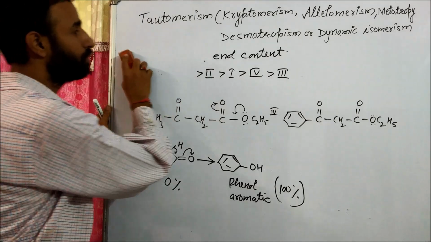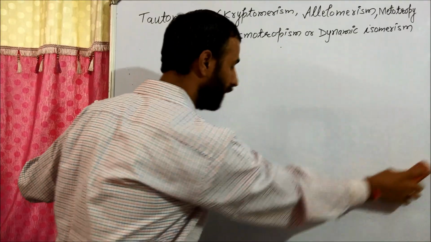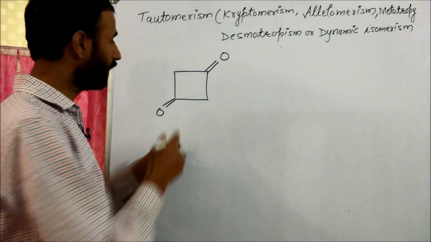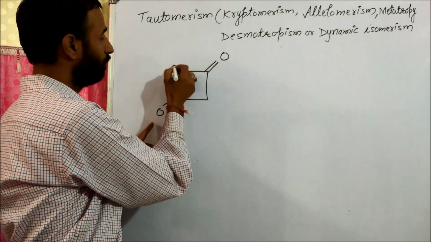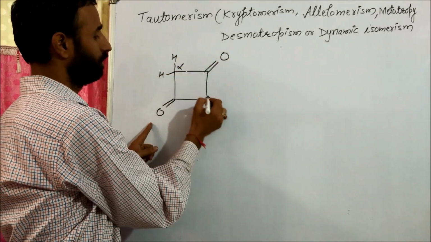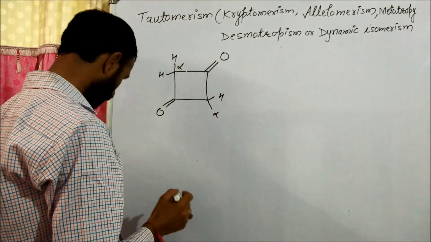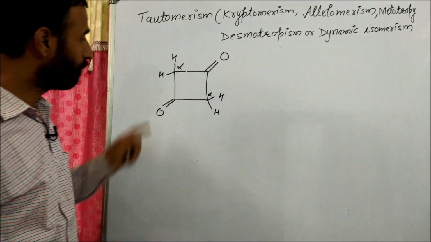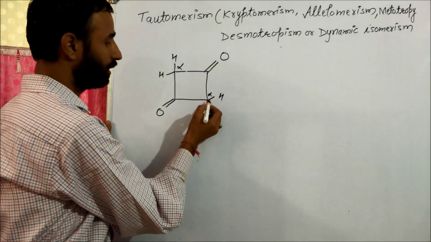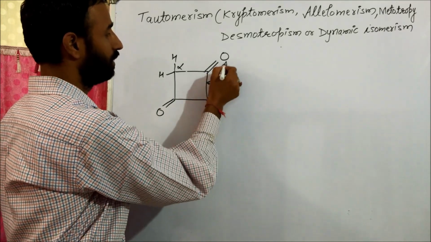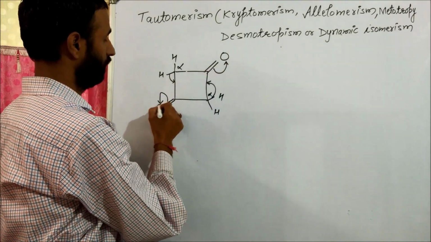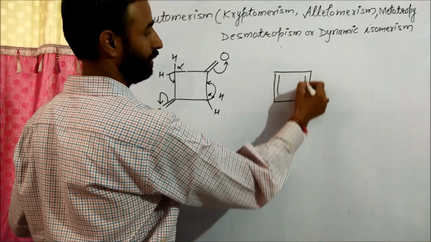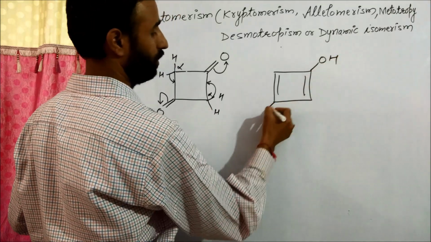Now like this, it has only enol form, no keto form. There are few compounds which have only keto form, no enol form, like this molecule. In this case, these are keto, we have alpha hydrogens, so enol form can be formed, but when we form its enol like this, double bond, OH, OH.